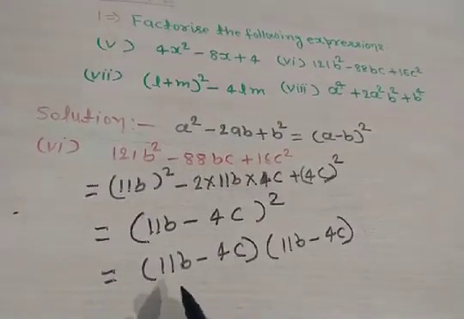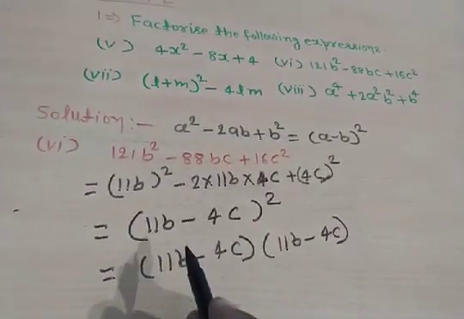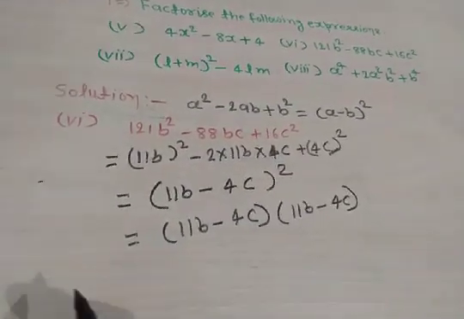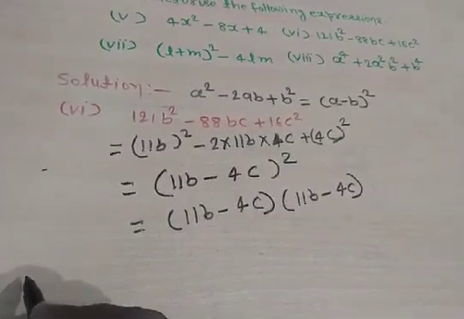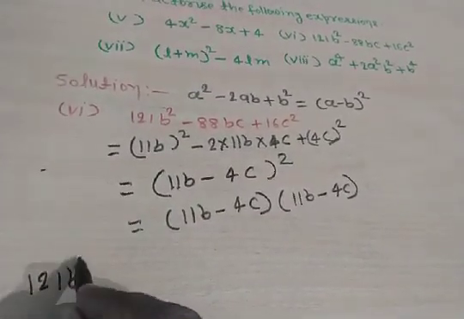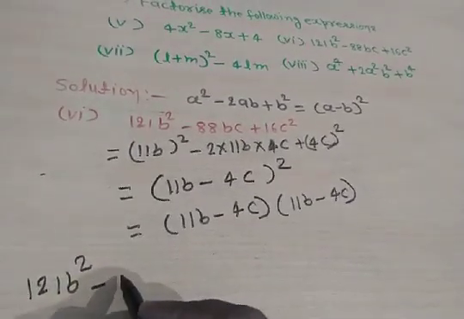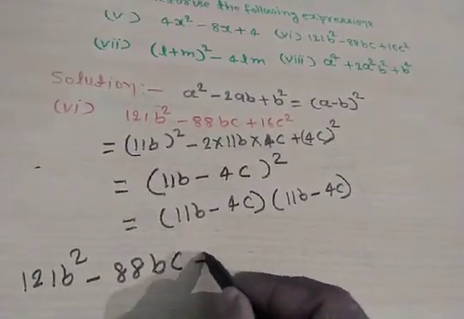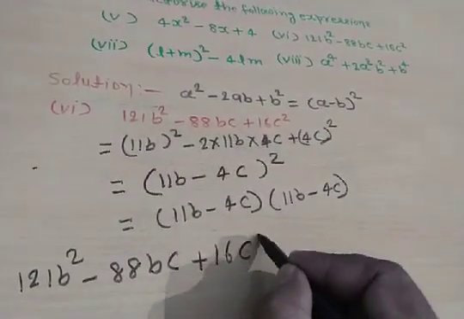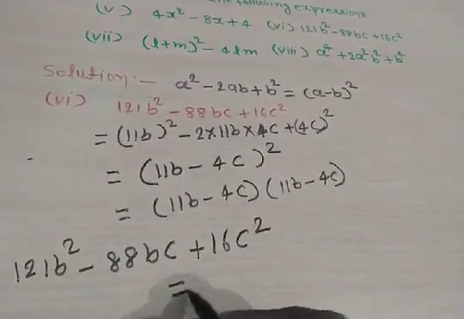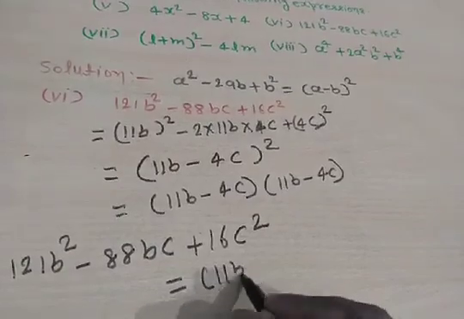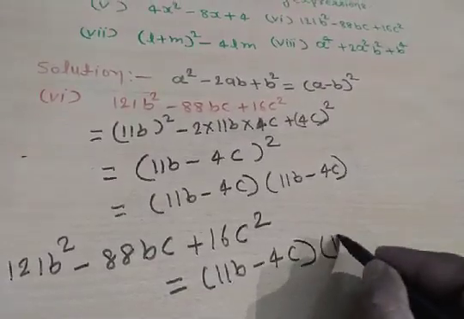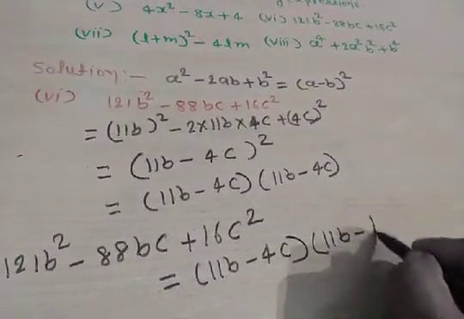So these are the factors of 121 b square minus 88 bc plus 16 c square. So you can write here factors of 121 b square minus 88 bc plus 16 c square is equal to what we find here, 11b minus 4c into 11b minus 4c.